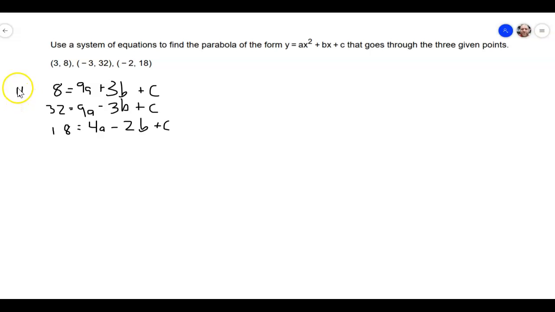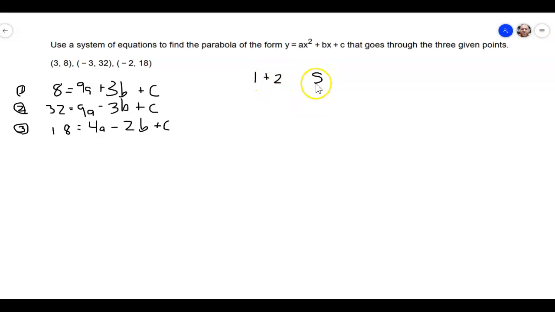All right. So in order to solve for the first variable, we want to take two of these equations. I like to number them number 1, number 2, and number 3. If I notice that number 1 and number 2, if I just add those together, the b's are going to cancel out. So I'm just going to add 1 plus 2.